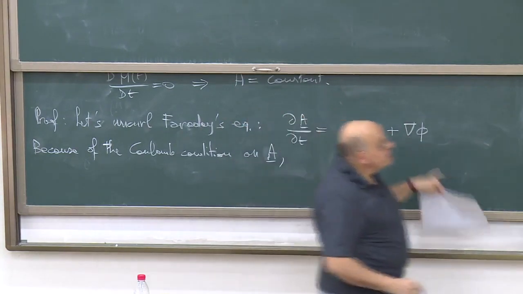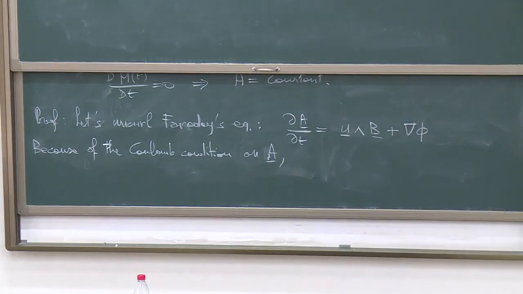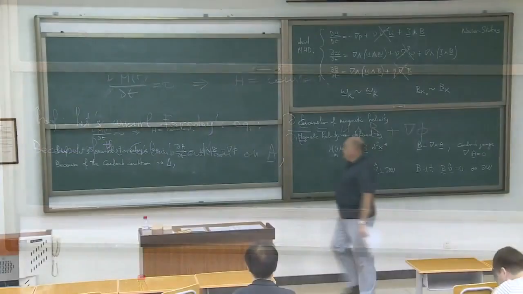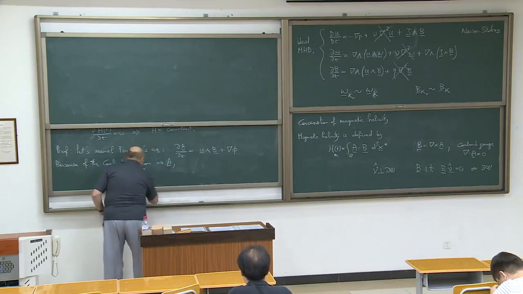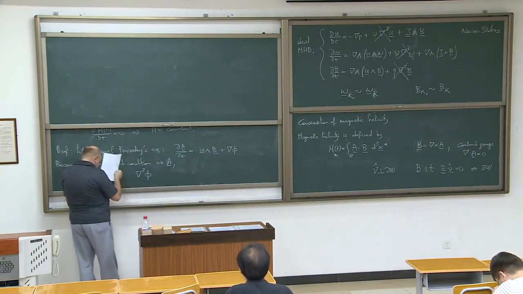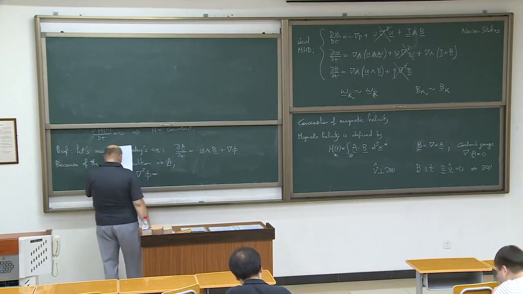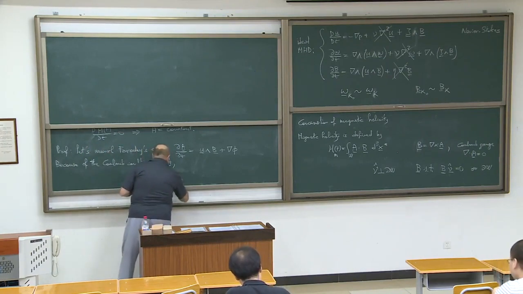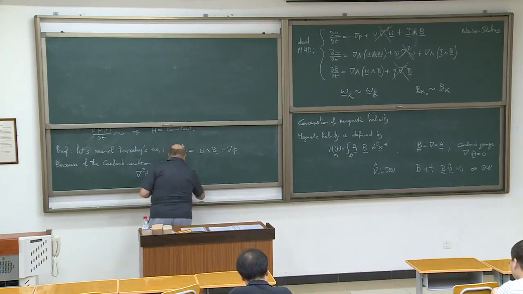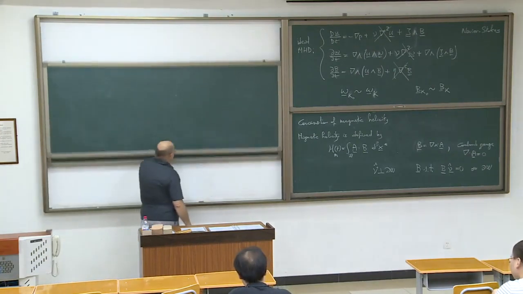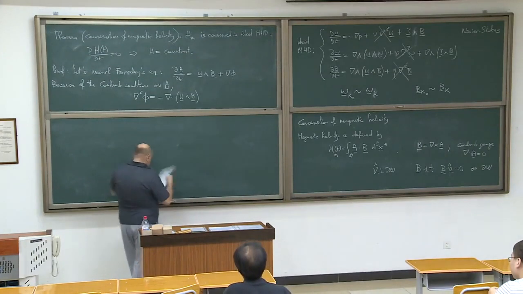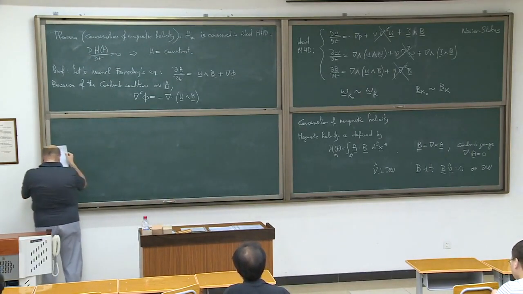Because div A equals 0, but A has this phi in it. So we have immediately from this the Laplacian of phi equal to minus div of U cross B. This is a way to fix phi, by using Faraday's equation.